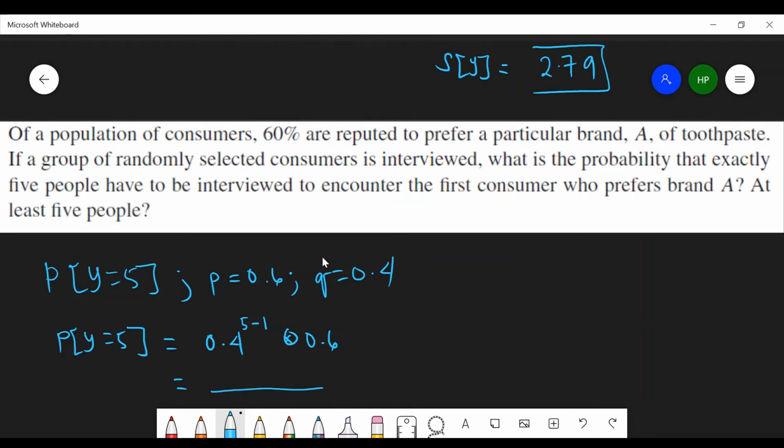And then, here, for the other one, at least 5 people. Paano yun? Di ba? Parang lumalabas na probability of Y greater than or equal to 5. Tama? And that is equal to probability of Y equals 5 plus probability of Y equals 6 and so on. Di ba? Hindi naman natin alam kung saan matatapos yan. So, galing sa previous video, nalaman natin na pwede naman palang gumamit ng complement.